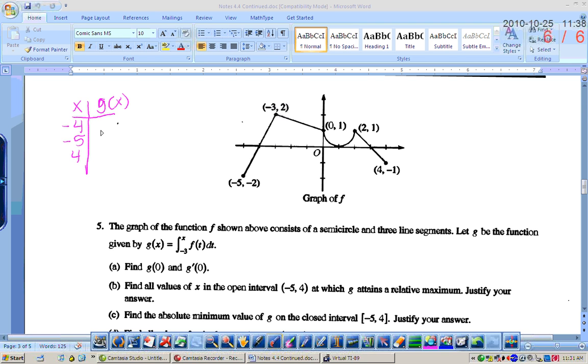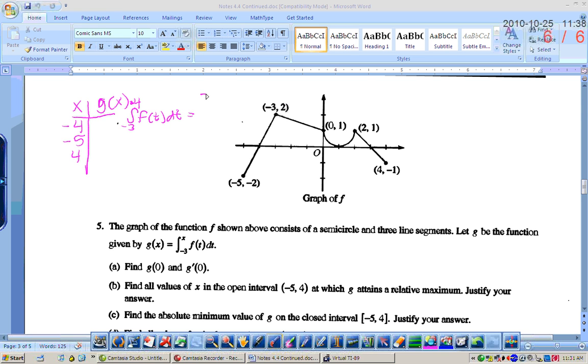Or what you can do is just find all of the actual values. Now, to find g of -4, g of -4 would be the integral from -3 to -4 of f of t dt. Now, do I have a problem with my limits of integration? Which one's smaller? -4.